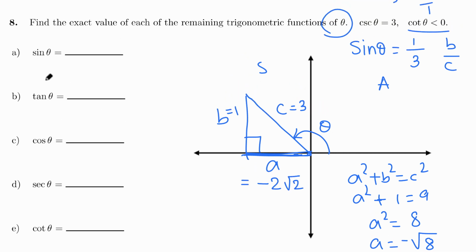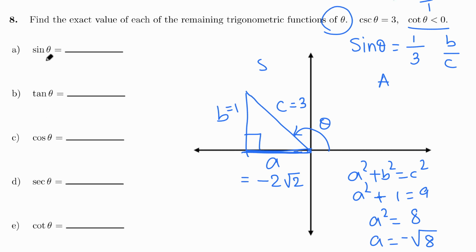Now we can determine sine, cosine, everything. Sine is 1/3, that's what we have here. Tangent is b over a, so 1 over negative, this is negative, so I'm going to write the negative in front, 1 over 2 root 2, b over a.